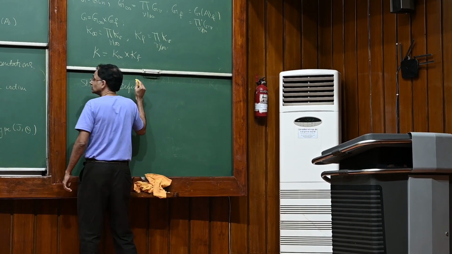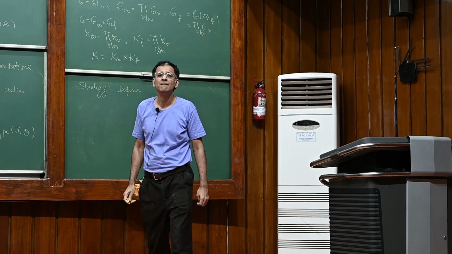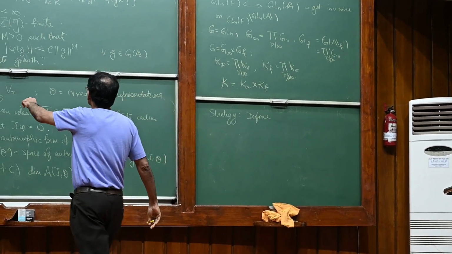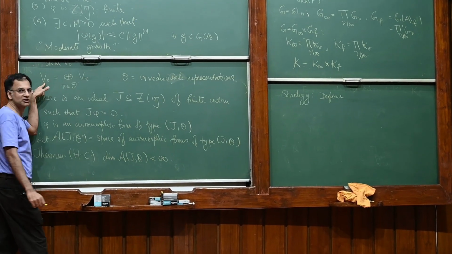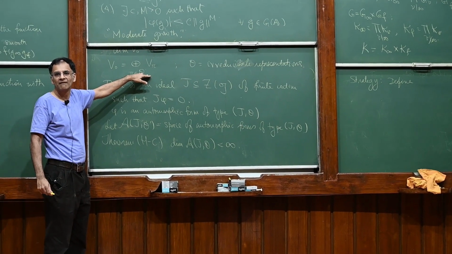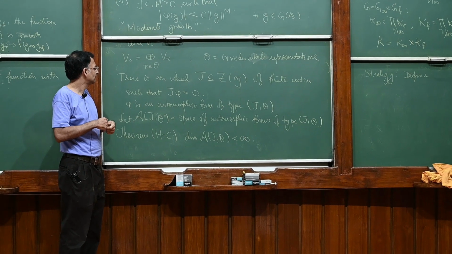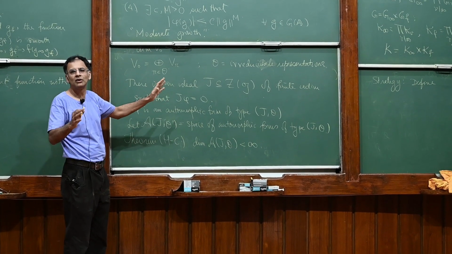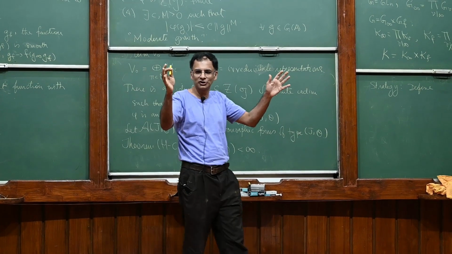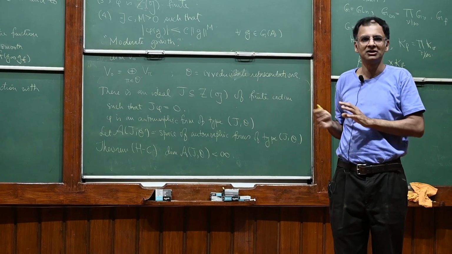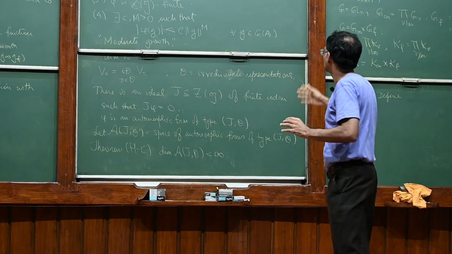Ravi, so theta is a fixed subset of irreducible representations. Theta is exactly the set of representations that occur in the decomposition of V0 into irreducible representations of K. Yeah, but when you are writing A of type (J, theta), the theta is fixed. You fix a set of irreducible representations of K and J, and you look at automorphic forms of type (J, theta). So, okay, theta prime if you like.